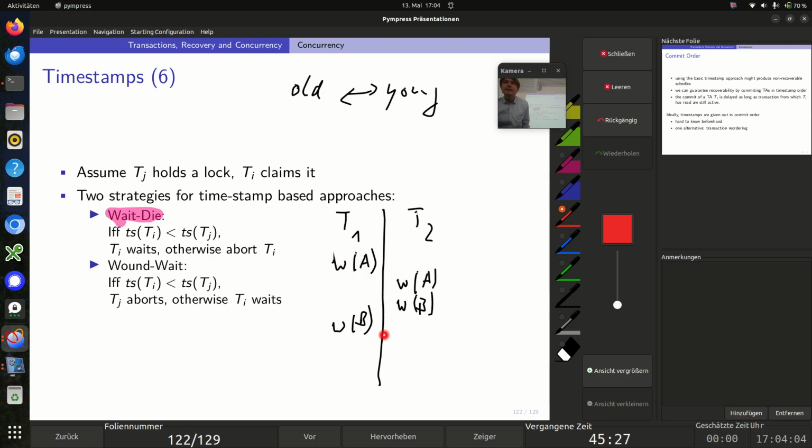T1 would wait until T2 finishes. On wait die it would wait, and on wound wait T2 would be aborted, because here this is the older, longer running transaction. With wound wait it would say, okay, T2 holds my lock, so I kill the other transaction in this case. Okay?